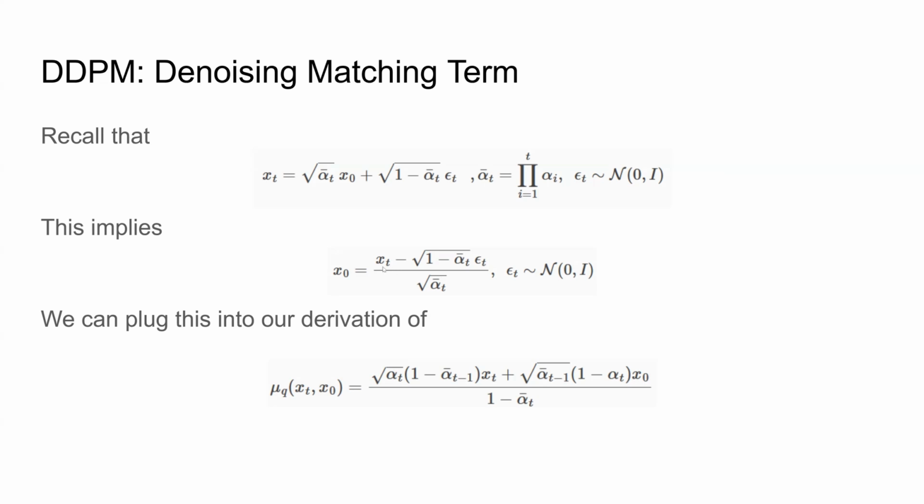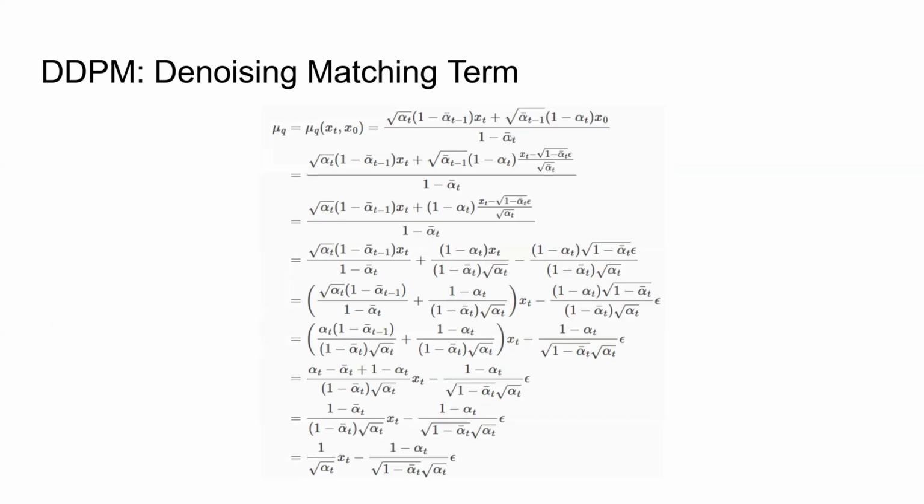And we can plug this back into what we derived for the mean of q(x_{t-1} given x_t and x_0). And so after tons of lines of mathematical stuff, we arrive at this final equation.